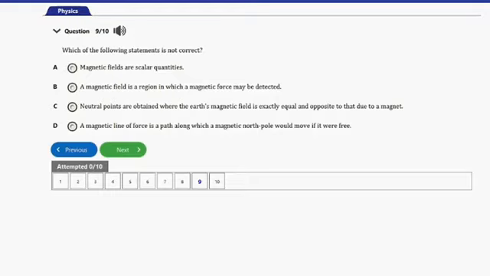D, a magnetic line of force is a path along which a magnetic north pole would move if it were free. So guys, the answer to this question here is option A. The magnetic field is not a scalar quantity, and as such, option A is the answer to this question. So let's go ahead and consider the next and last question, guys.